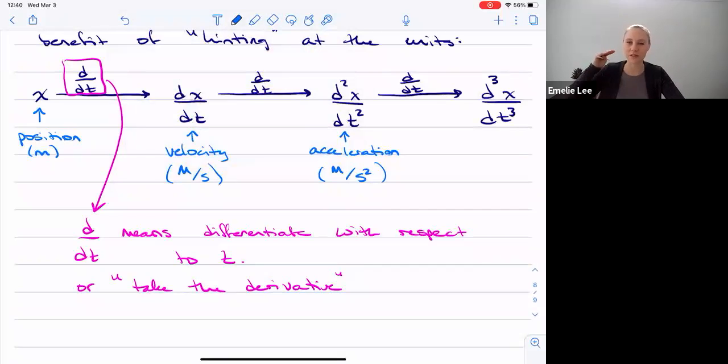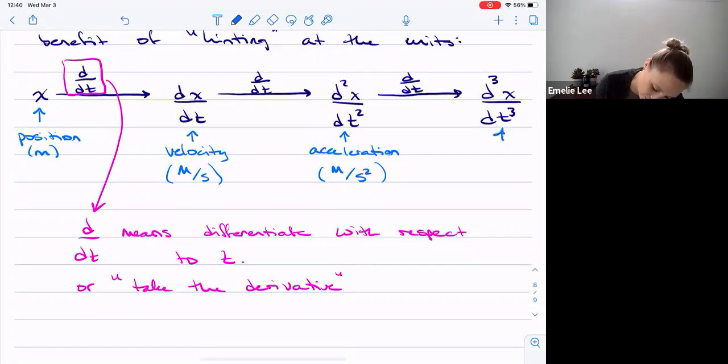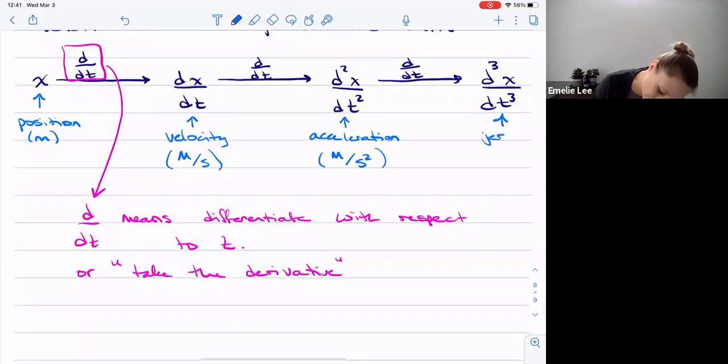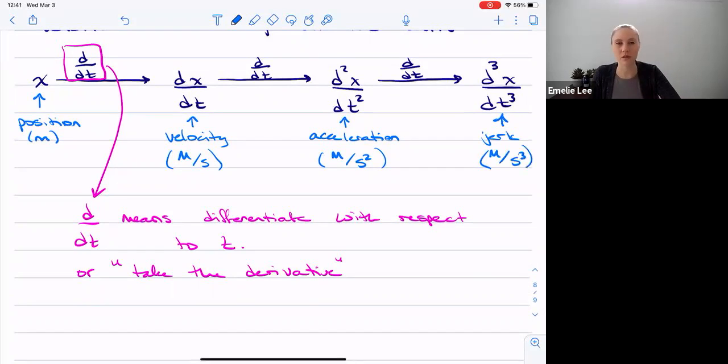So you've got your distance function, and then your velocity, and if you take the derivative of the velocity, it puts you at acceleration, and then if you take the derivative of the acceleration, which is just the slope of the tangent line on the acceleration, you get the jerk. And then it bottoms out there, so don't worry, there's no more. The jerk would have units of meters per second to the power of 3, or cubed.